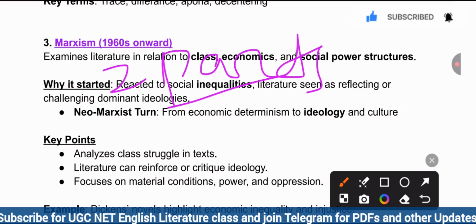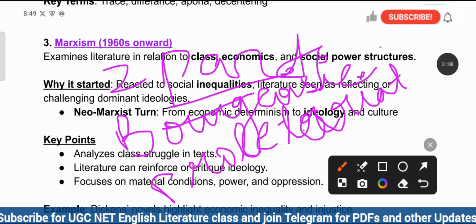The bourgeois refers to the ruling class who own the means of production, such as factories, land, and capital, the capitalist society. And the proletariat is the working class, who do not own anything, but they are the servants, they are the labor.